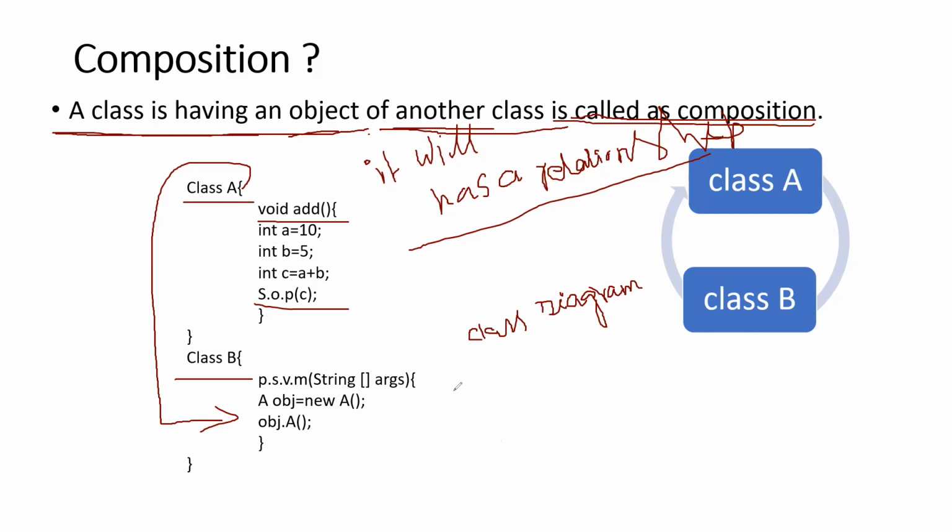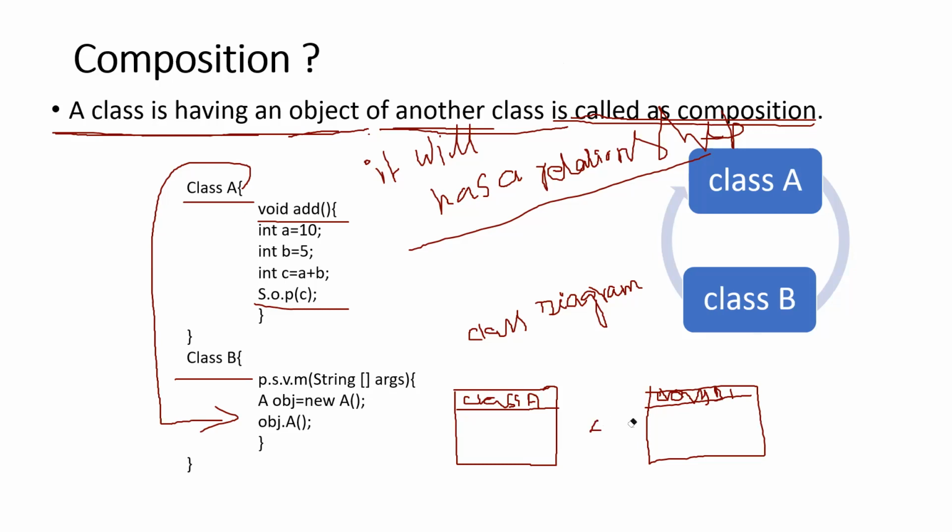This is class A and this is class B, and it will represent the has-a relationship.